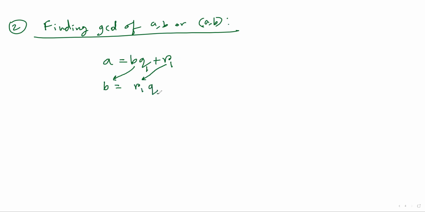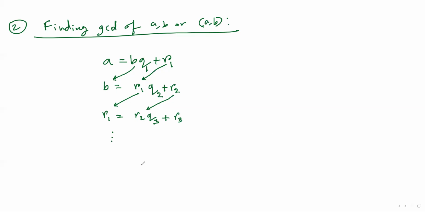You are going to get some other quotient Q2 and some other remainder, possibly R2. And repeat this process. Take this R1 and divide by R2. Get some quotient Q3 and some remainder R3, and keep repeating.